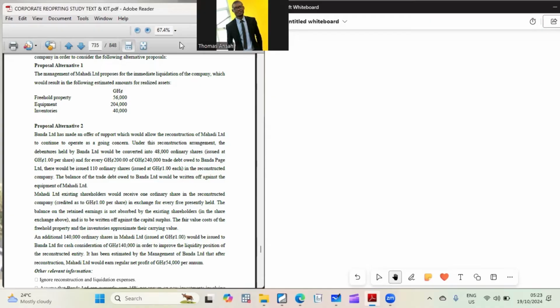All right. Then what else do you have? It says that Mahadi Limited existing shareholders would receive 1 ordinary share in the reconstructed company and credited as 1 Ghana cedi. All right. That is also another statement worth analyzing.